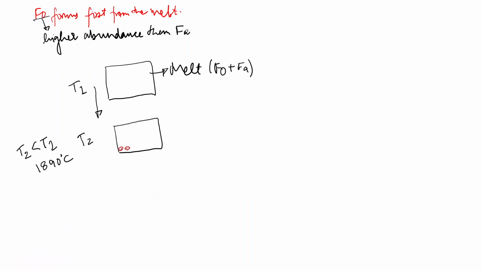The forsterite will solidify, while in the residual melt what will remain is fayalite. This is the reason that the first event of formation of forsterite makes it more abundant than fayalite in natural systems.